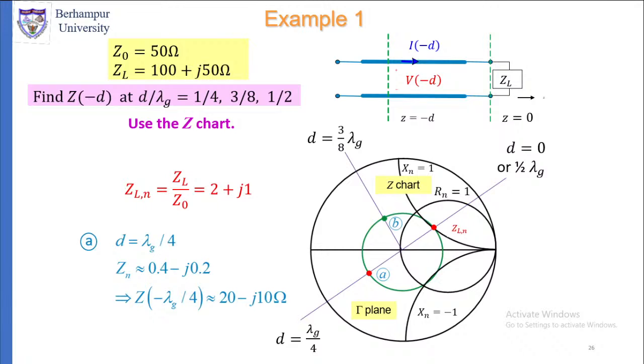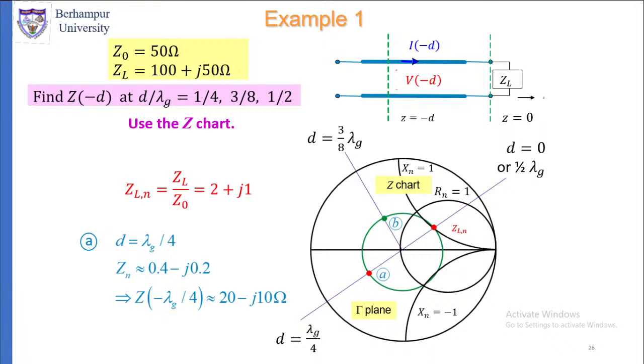That will give you Z is equal to 0.4 minus j 0.2 whole into 50. 0.4 into 50 is 20. j 0.2 into 50 is 10. So the impedance will be 20 minus j 10. So at a distance of lambda g by 4, the impedance now will become 20 minus j 10.